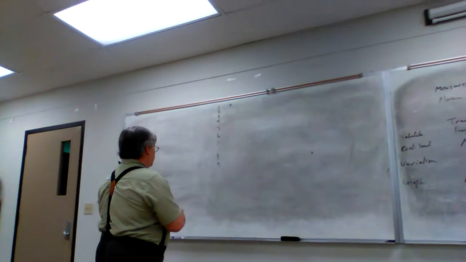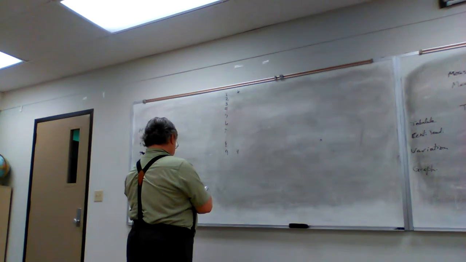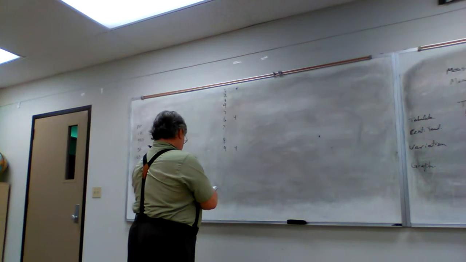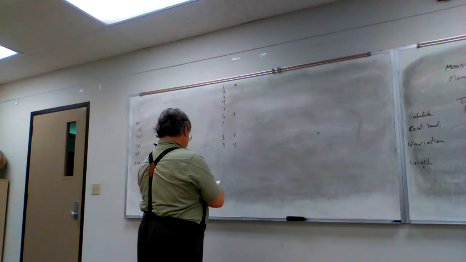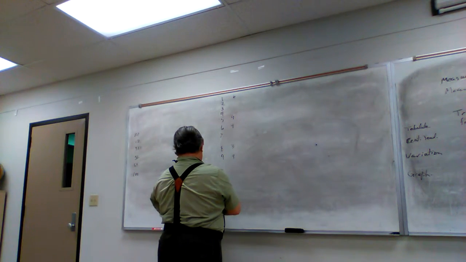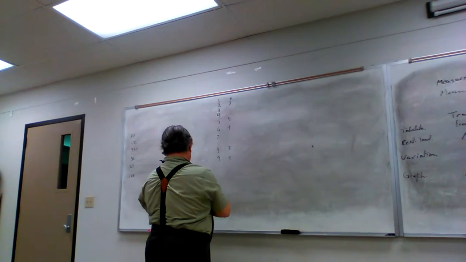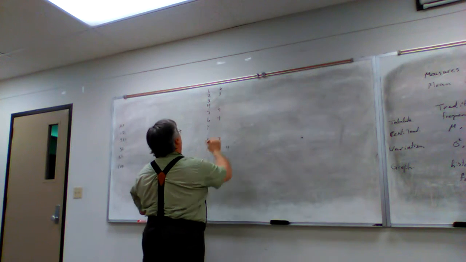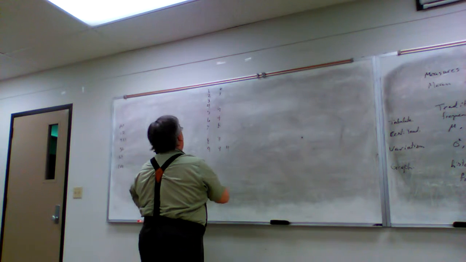So, 99. We've got a 64 I missed. 99 and 87. 59. 23. I've already done the 16. We've got a 94. A 78. 57.